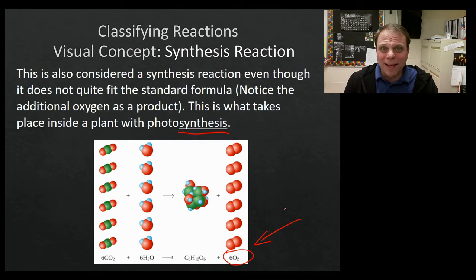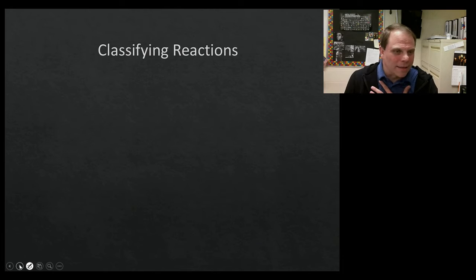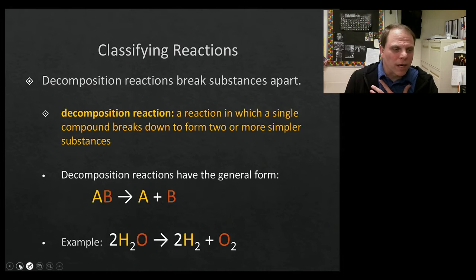Now that's okay, it's not your typical synthesis reaction, but scientists do consider this a synthesis reaction. There's a few different types of synthesis reactions. One's called dehydration synthesis, and there's different types, but the idea here is that you're taking smaller pieces and putting them together into a bigger piece, okay? So I just wanted you to know that there are other synthesis reactions, even though it's not classic in this case.